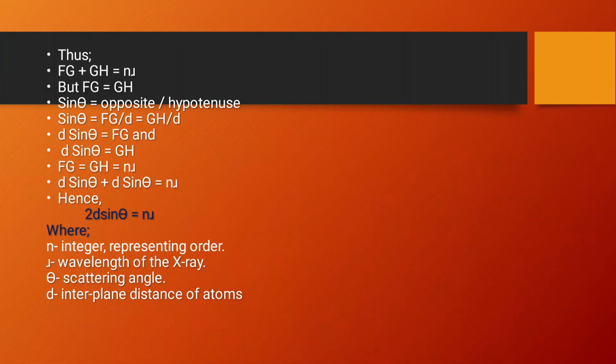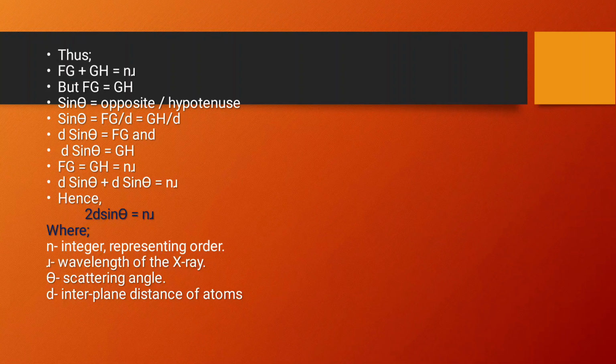The two triangles share the hypotenuse, so in the second triangle sine theta is equal to GH over d, where d is the hypotenuse. We want to make FG and GH the subject. From the first triangle, d sine theta is equal to FG, and from the second triangle, d sine theta is equal to GH.